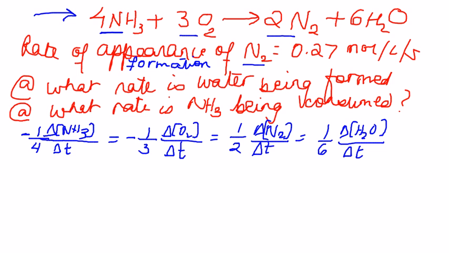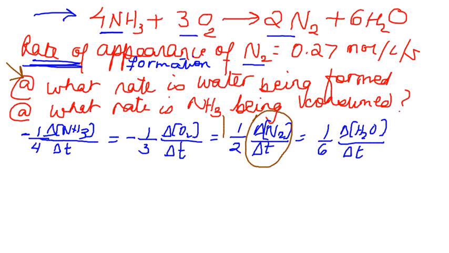essentially by saying that the rate of formation of N2, they have given us this part. They have given us the d by dt of N2, and that is equal to 0.27. They have given that part. So the first question asks you what rate is water being formed.